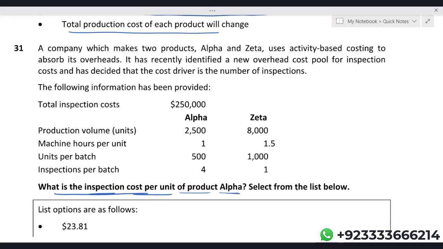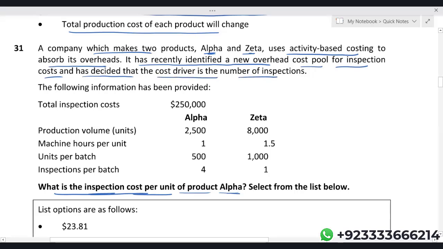Okay, let's read the data. A company which makes two products, alpha and zeta, uses ABC to absorb its overheads. It has recently identified a new overhead cost pool for inspection costs and has decided that the cost driver is the number of inspections, which is very logical.